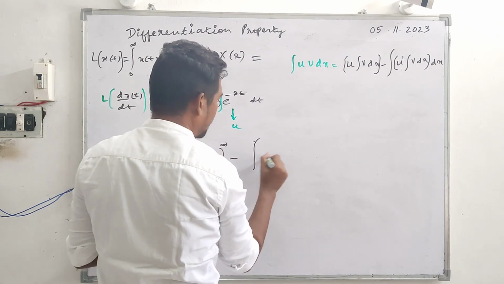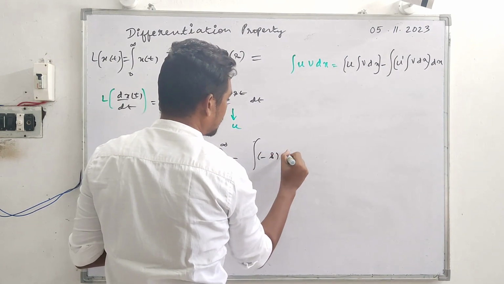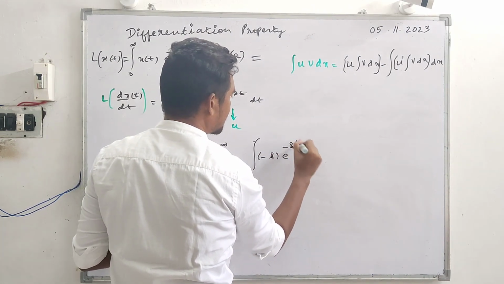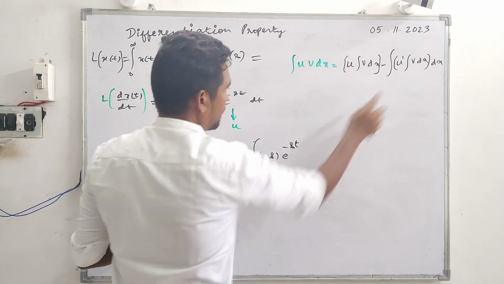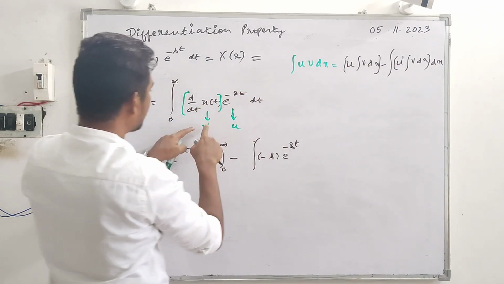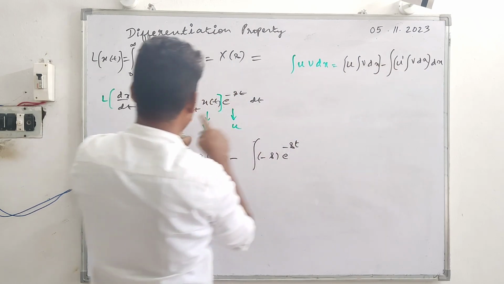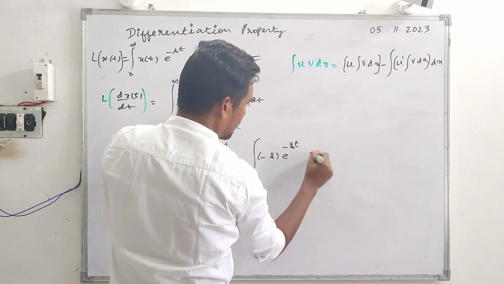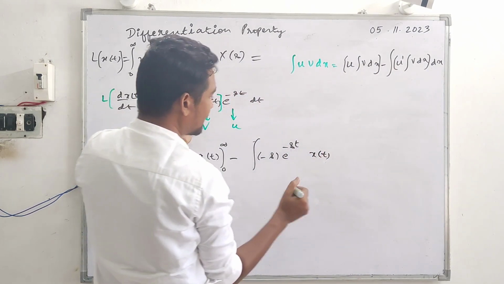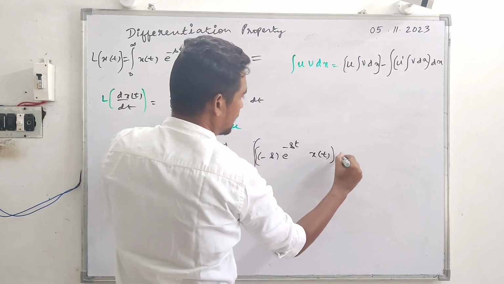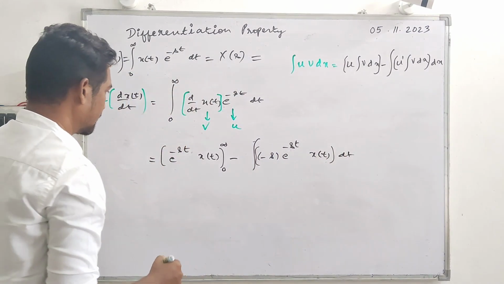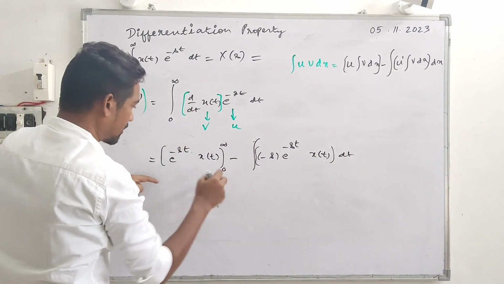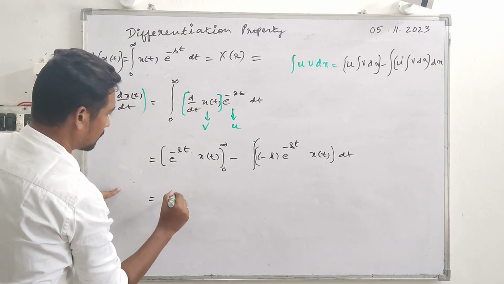So minus of s into e raised to minus st as it is for this one, and integral v, this integral and this derivative get cancelled, so we have x of t as it is, and once again dt.